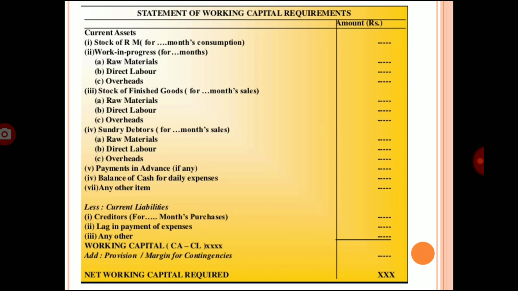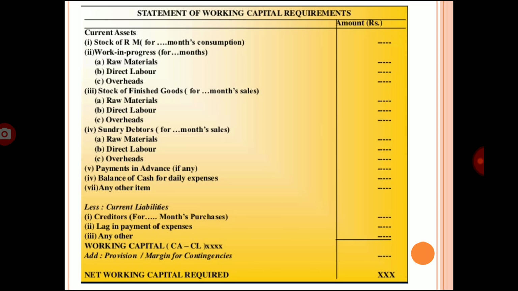This is one important point: at the work in process level, you have to identify the level of consumption of direct labor and direct overheads, because in finished goods also you have to calculate the direct labor, right? And work in process is not the last step. After the work in process step, you are going to consume direct labor and overheads also. So that you have to check.